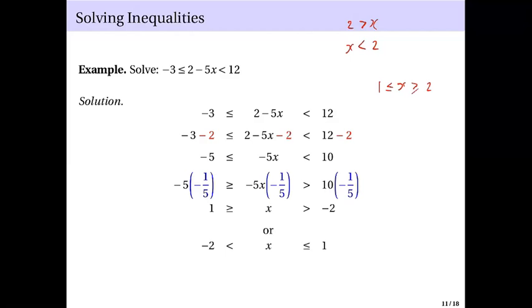What I want to write here is x less than or equal to 1 and also less than or equal to 2. So you will not see a chain of continuous inequalities with different directions.